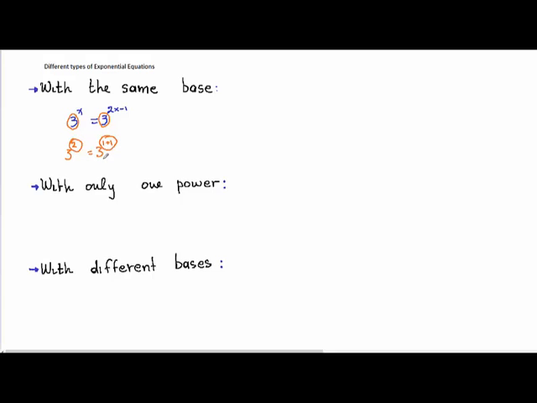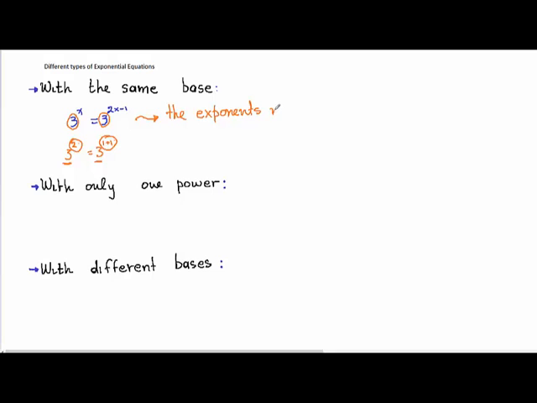It wouldn't make any sense. It's not correct. So if the bases are the same, then the exponents are the same. So if you have this situation where the bases are the same, you focus on the exponents. The exponents must be the same. So let me write this here. The exponents, in this case, must be equal.